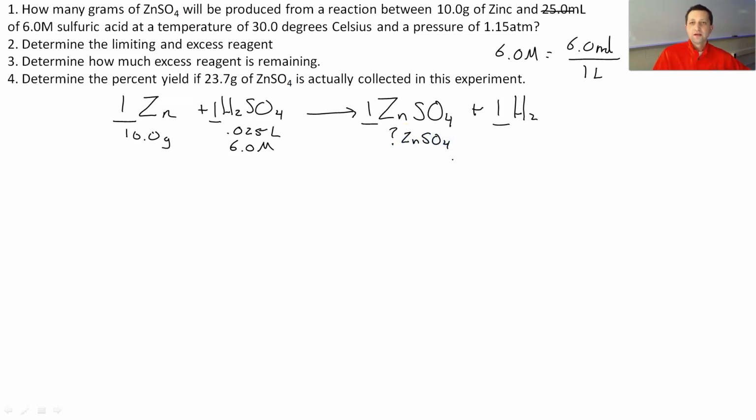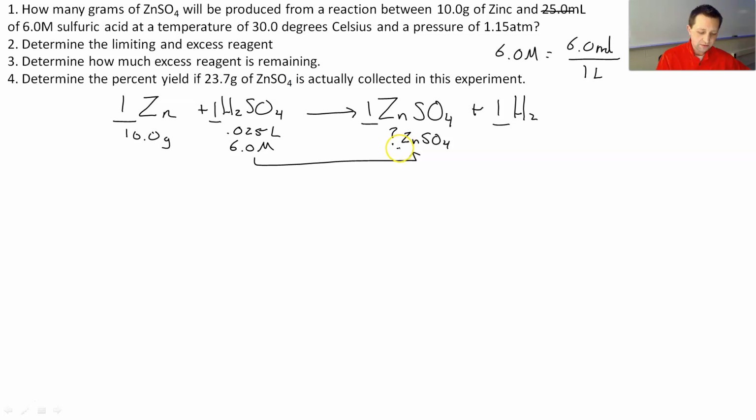Okay. Now it says we have a pressure of 1.15 atm and 30 degrees Celsius. Let's see if we need that. So I know I have to do what type of problem here? Well, it's going to be a limiting reagent problem because it even says for number 2, determine the limiting and excess reagent. So what I'm going to have to do here is convert all of this from the sulfuric acid into grams of zinc sulfate.